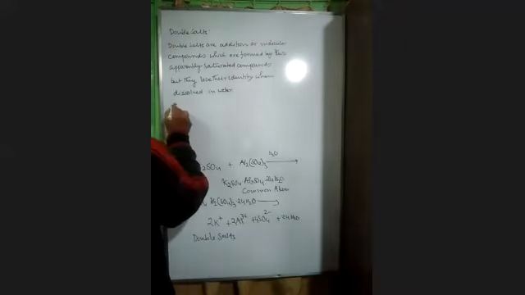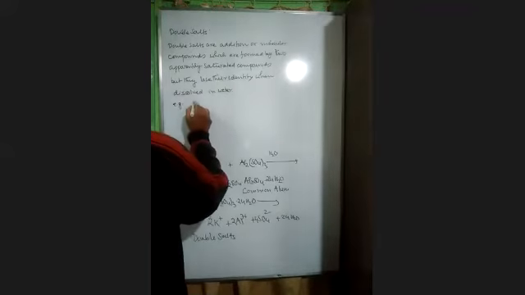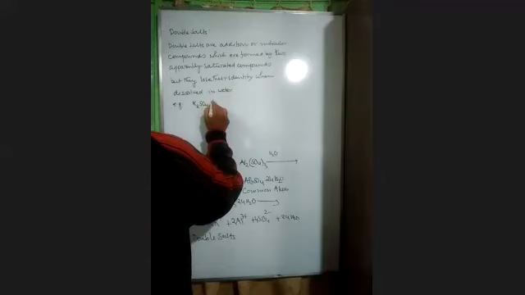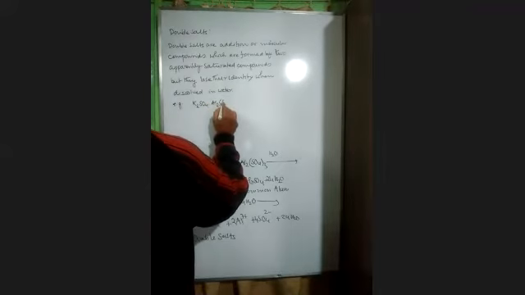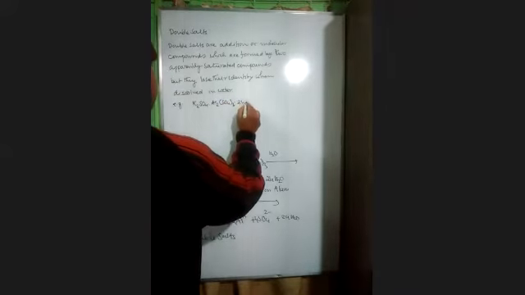Okay, example, I have already written here potassium sulfate, aluminium sulfate, 24 molecules of water. This class of compounds are called alum.